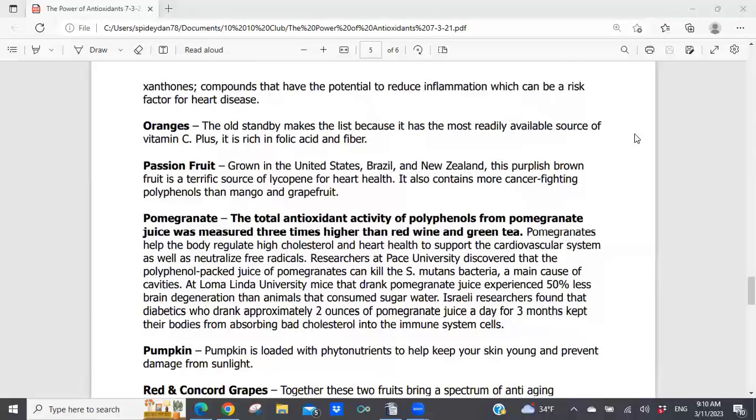Oranges, passion fruit, pomegranate. Now, pomegranate is in ProArginine Plus. Pomegranate fruit concentrate is a key ingredient in ProArginine Plus. We're all familiar with ProArginine Plus and its ability to create nitric oxide. So pomegranate fruit concentrate has two elements to it that provides you with benefits. The first one, as we're talking about today, is that it is a powerful antioxidant.